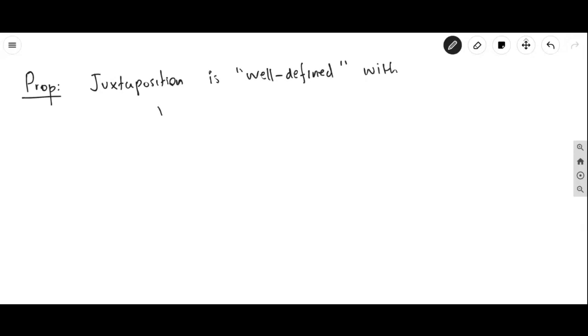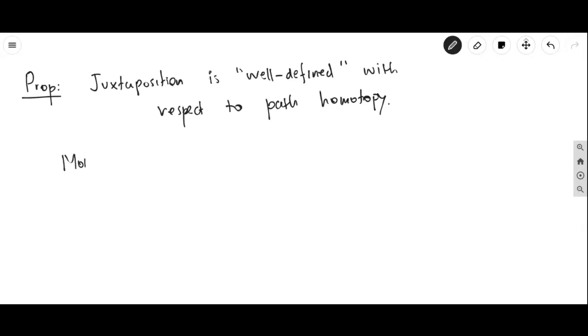And now I want to say this. So this is going to be an interesting result. So, proposition: juxtaposition is well defined with respect to path homotopy.